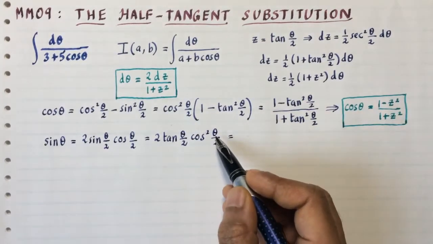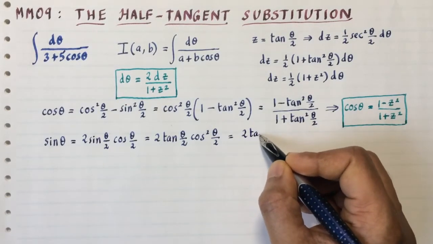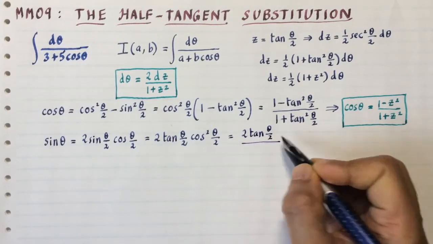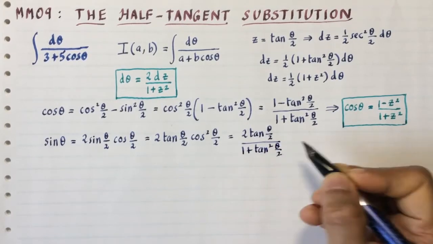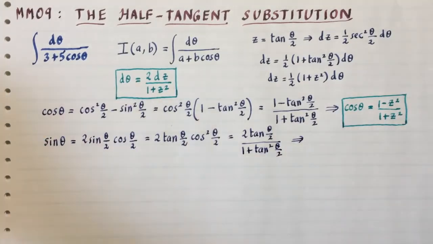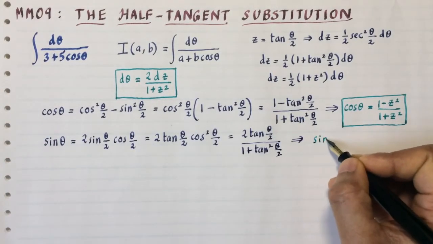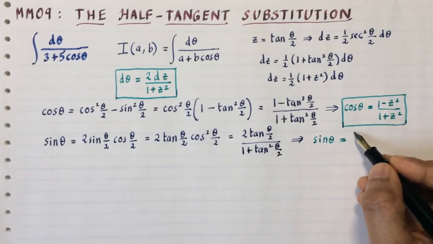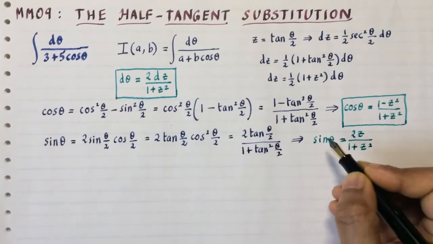But cosine squared in the numerator is the same as secant squared in the denominator, so that's going to be 2 tan theta over 2, and secant squared in the denominator can be written as 1 plus tan squared theta over 2. So that also is a nice result, and that tells you sine theta can be written as 2z over 1 plus z squared.